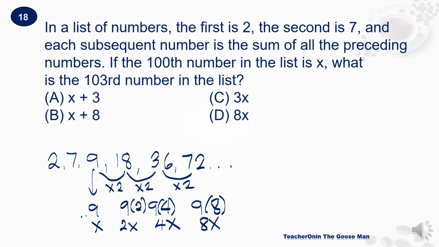Now observe how far 9 is from 72. If I put 100 here, as my 100th number, then 101, 102, and this is my 103rd number. So if my 100th number is x, then my 103rd number is 8x. Therefore, the correct answer is letter D.